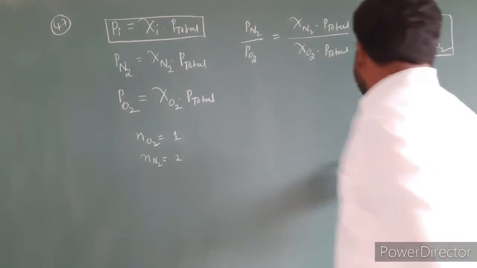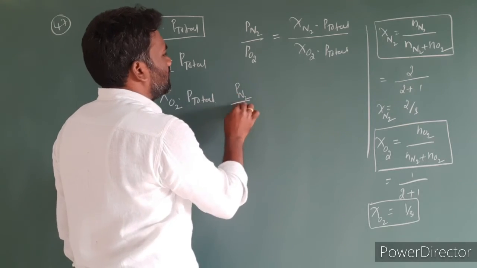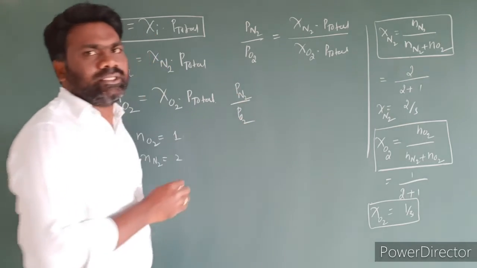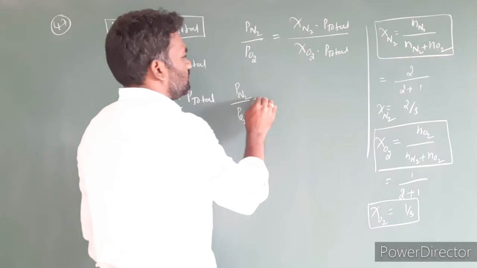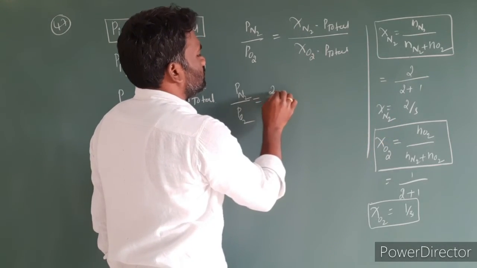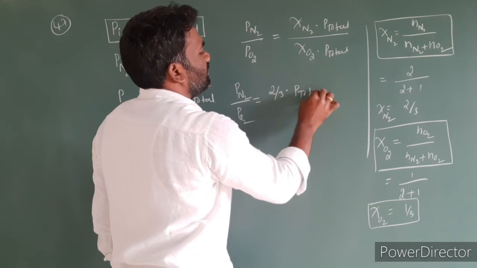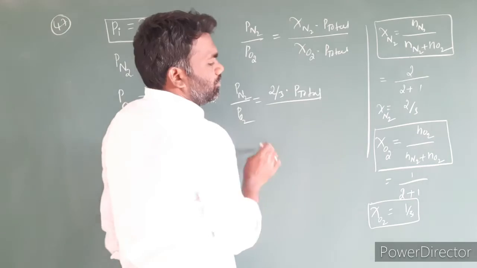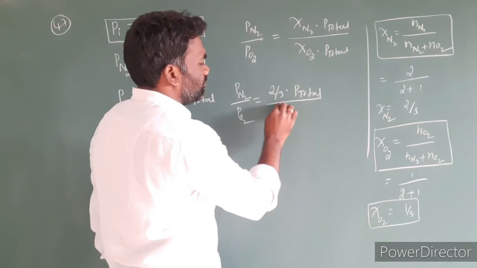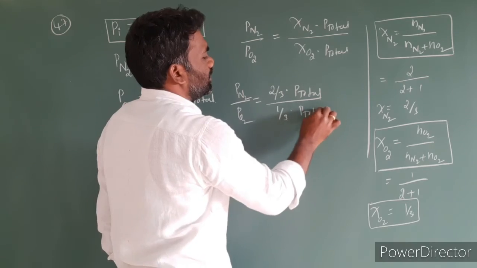So substitute these values in the given formula. The partial pressure of nitrogen by the partial pressure of oxygen is equal to the mole fraction of nitrogen, which we got as 2 by 3, so 2 by 3 into P total, by the mole fraction of oxygen, 1 by 3, so 1 by 3 into P total.